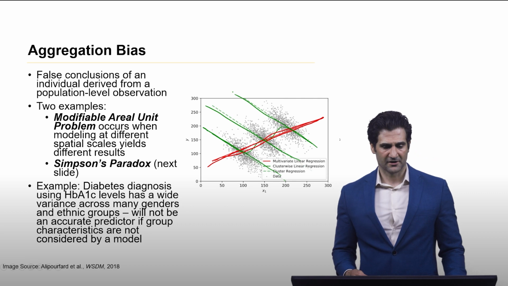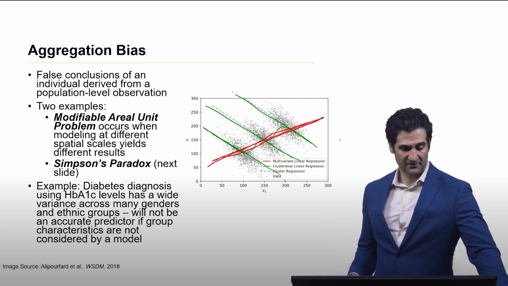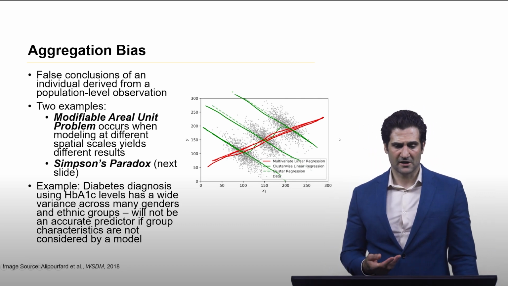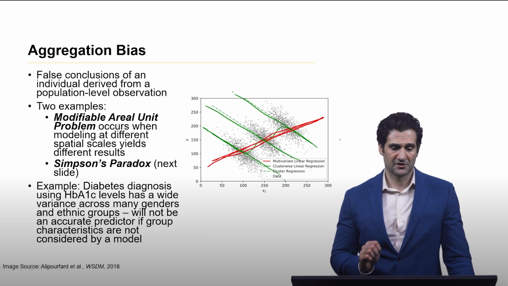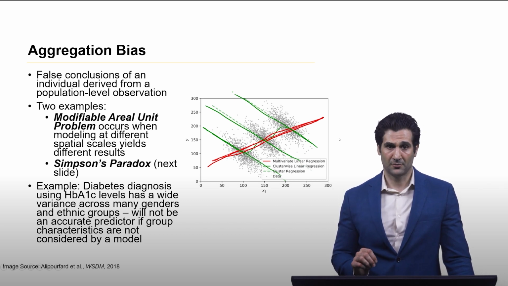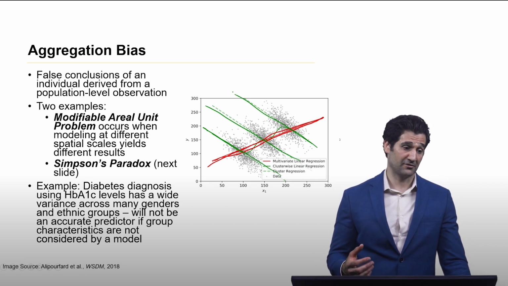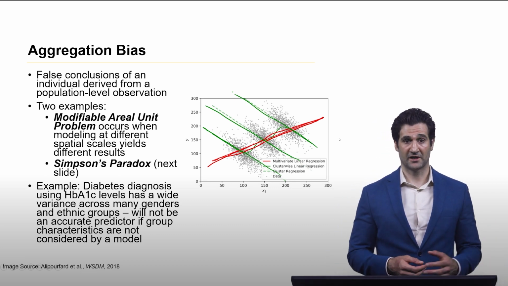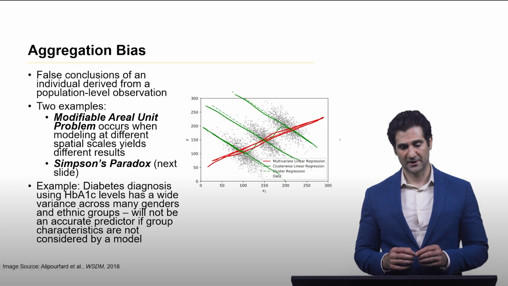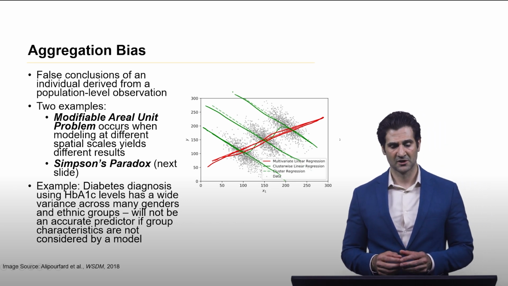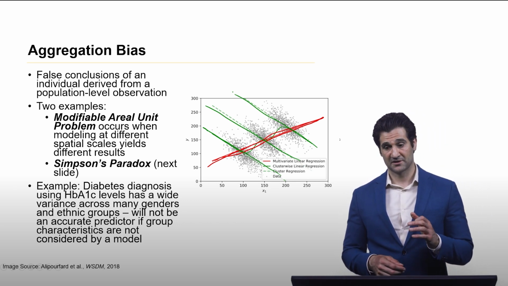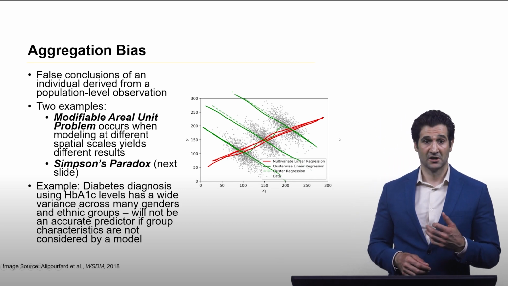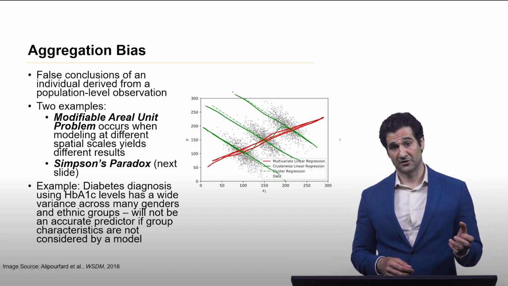There are a couple of examples of this that have specific names. One is called the modifiable areal unit problem, and this occurs when different spatial scales can yield different results because the spatial scales may abstract away something that's important. We'll talk about Simpson's paradox in a moment, but another example of this aggregation bias occurs in the medical field.